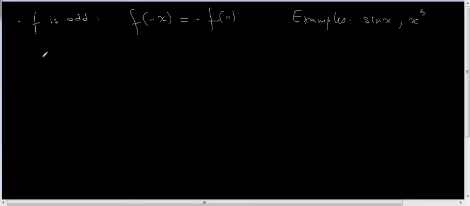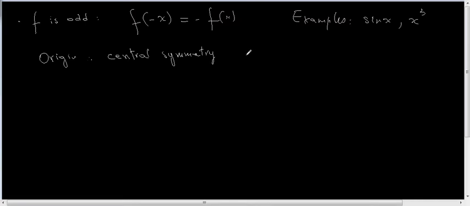The origin will be a central symmetry for the graph of an odd function. That means if I have to show that a given function is odd, I may need to find f of minus x and show that it's the same as minus f of x, or plot the graph and show that there is a central symmetry at the origin.